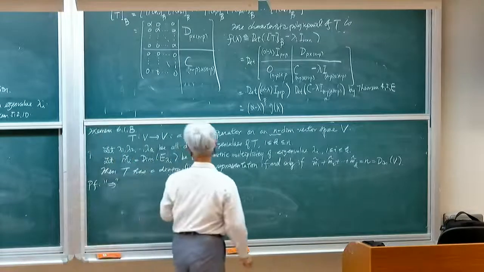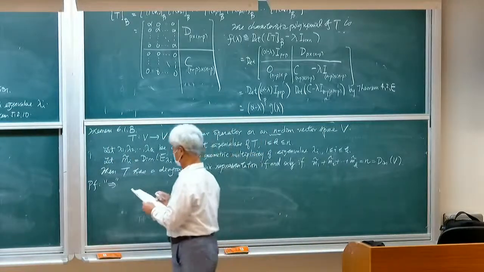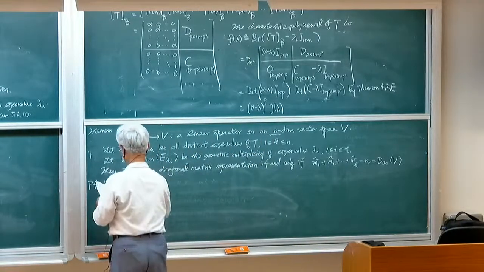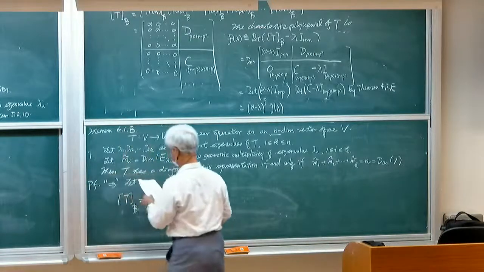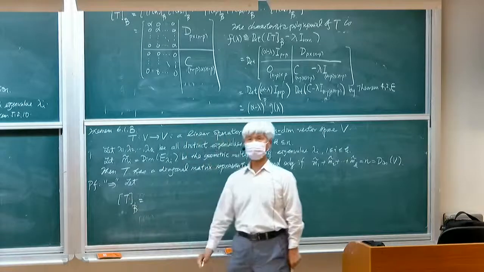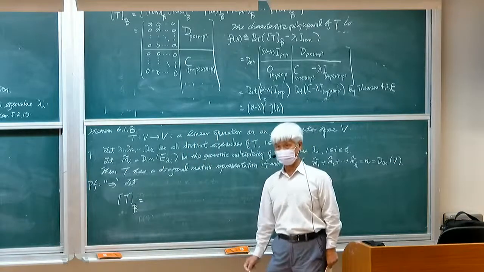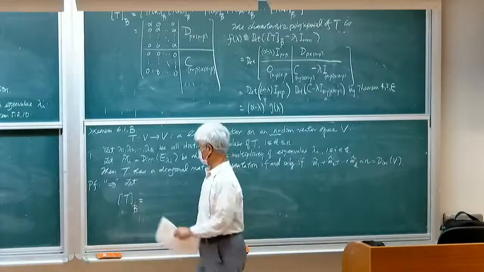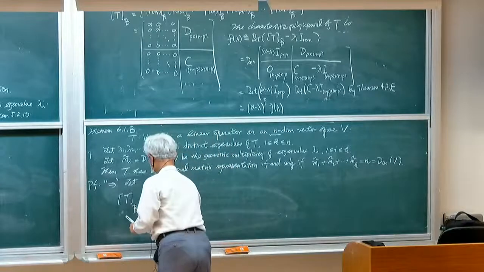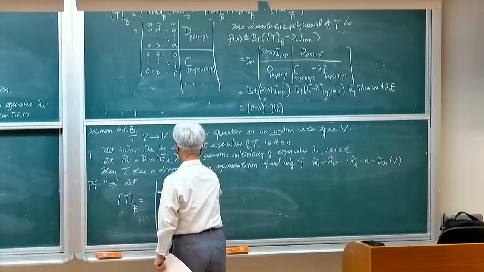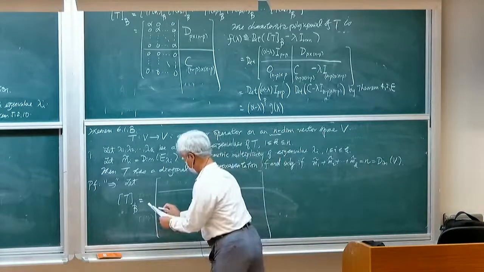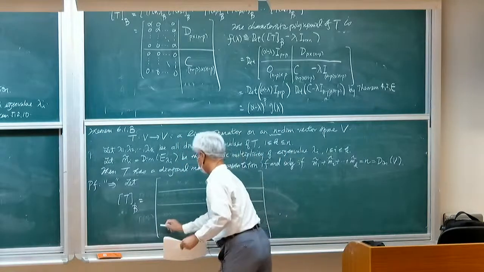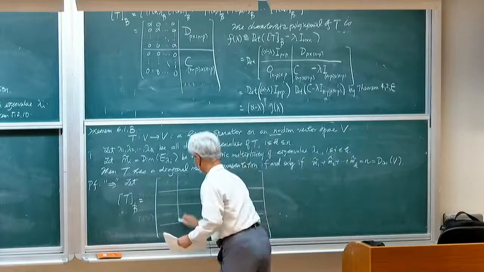All right, so the proof, forward direction. Suppose that T has a matrix representation which is diagonal relative to a basis B. All right, so we write down, and because we have only k distinct eigenvalues, it's possible that they repeat.